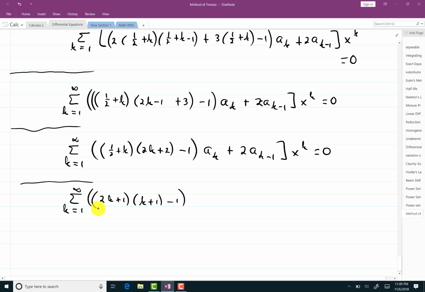This should be a little rejoicing that should happen right now, because no matter what happens, my next line will factor very nicely, because no matter what happens here, I'll be left with the 1, and when I subtract 1, I'll only have k terms, terms with powers of k involved.